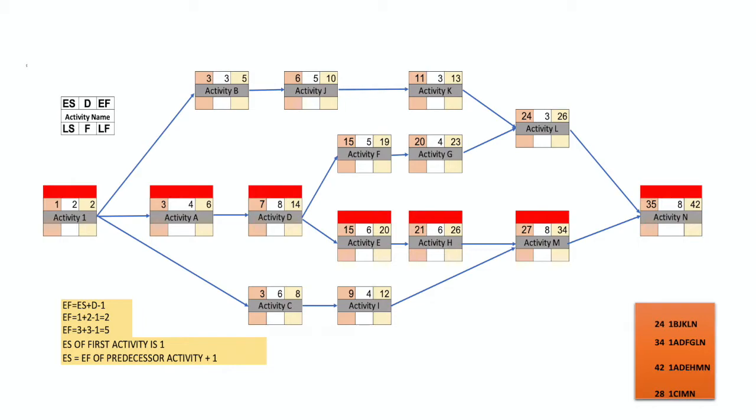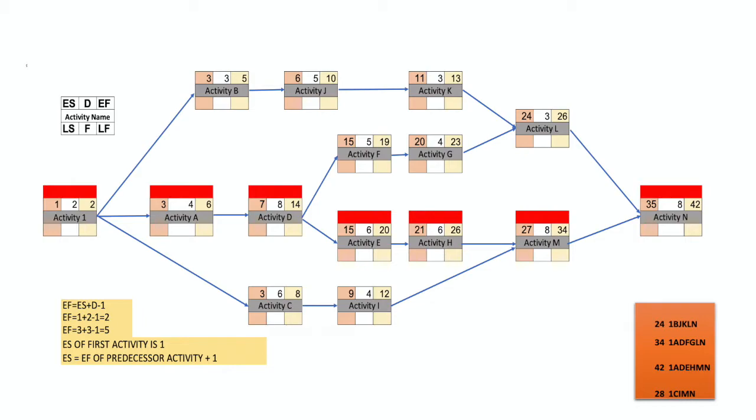Activity A: 2 plus 1 is 3, plus 4 days duration, early finish will be 6. For activity D, early start 7, 8 days duration, early finish 14. We jump to activity F: 14 plus 1, 15, 5 days duration, minus 1, 19. For activity G, 20 plus 4 minus 1, 23.